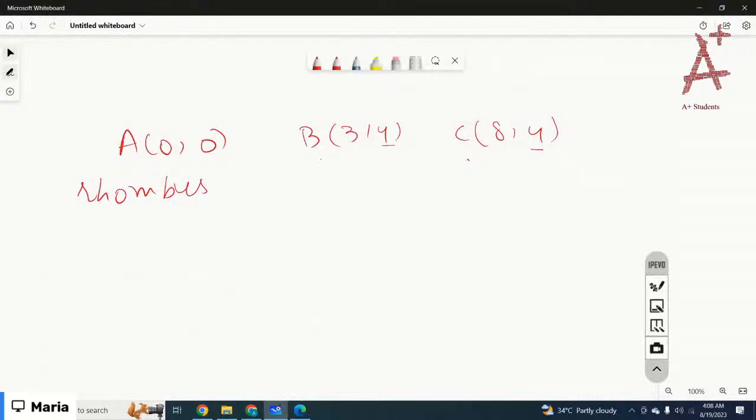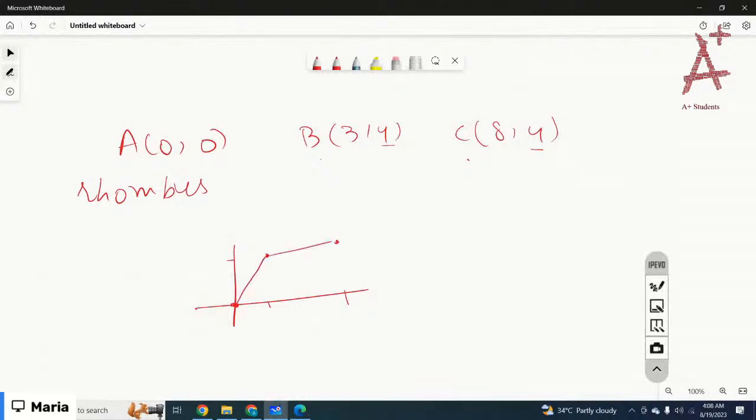That means for a rhombus, if A is (0, 0), like this is the vertex (0, 0), right? B is (3, 4), X is 3 and Y is 4, somewhere here. Then C is (8, 4), like this, right? It would be like this.